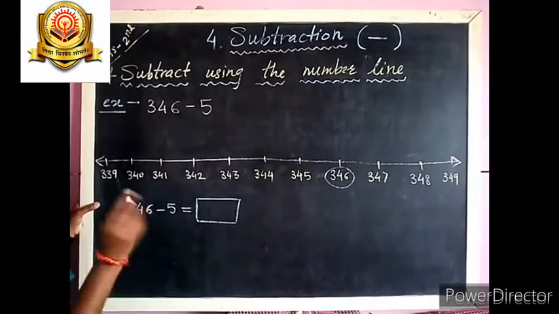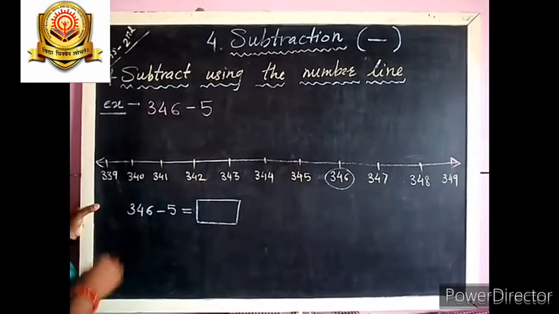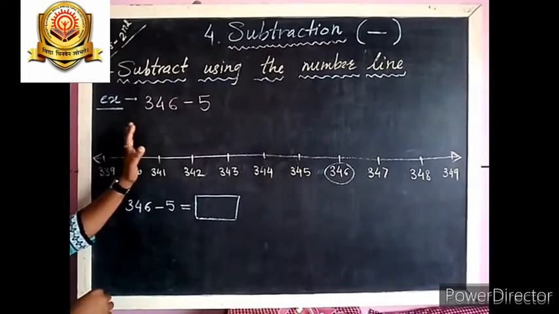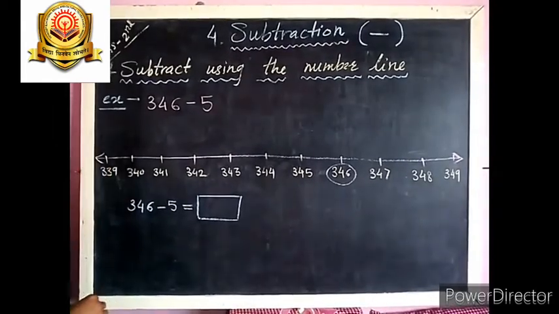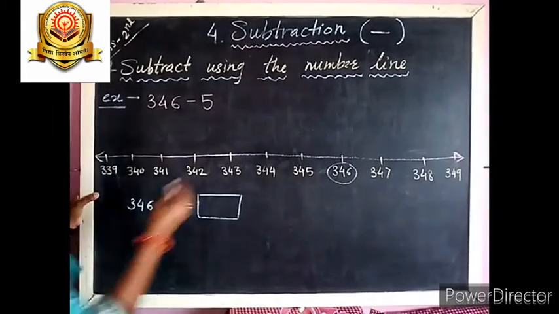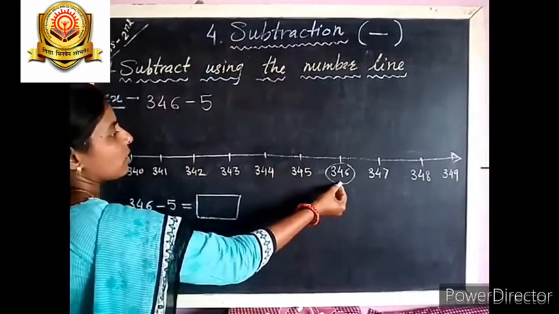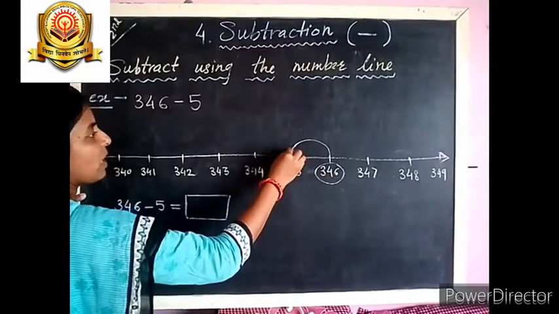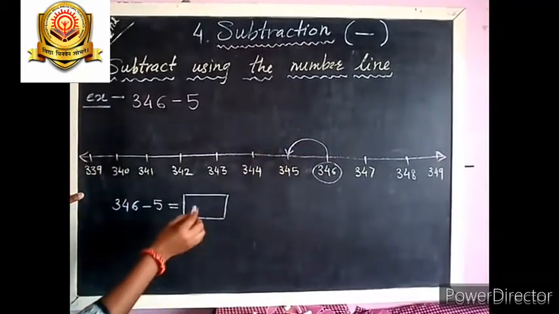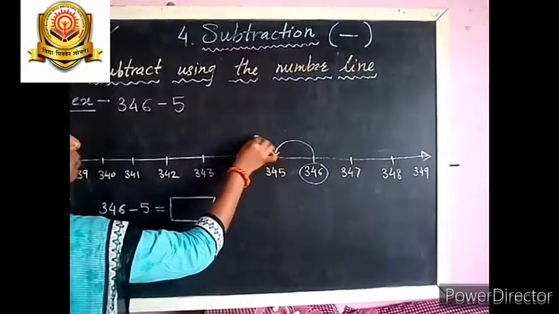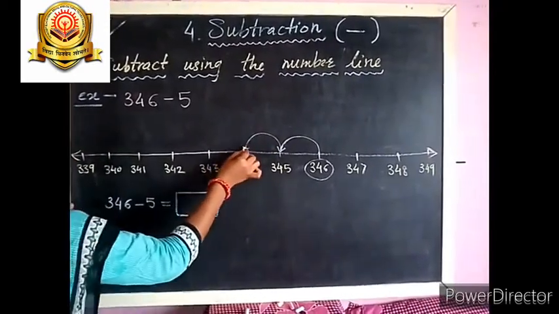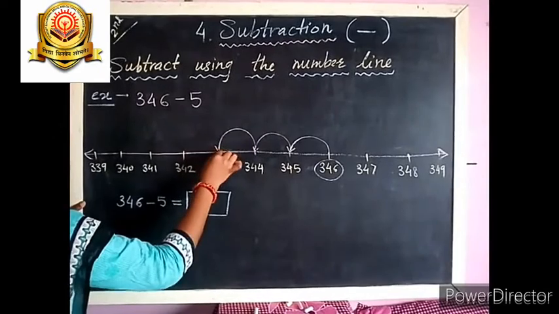Now, draw a curve from one number to another number. And students, you know which is your left side? This is your left side. So, start the curve. 346, 345. Then, next number 344. Before 344, 343.